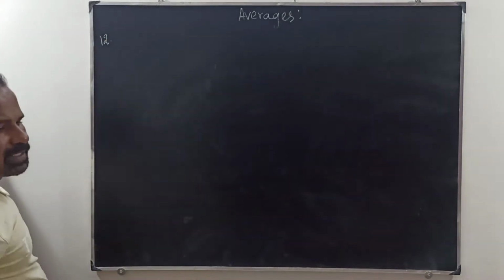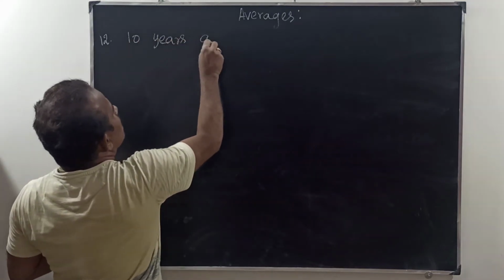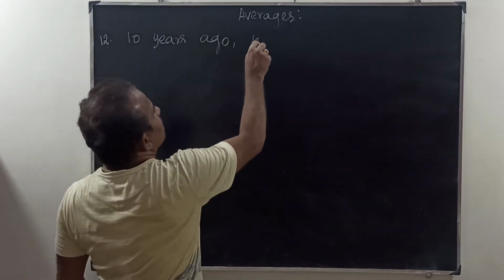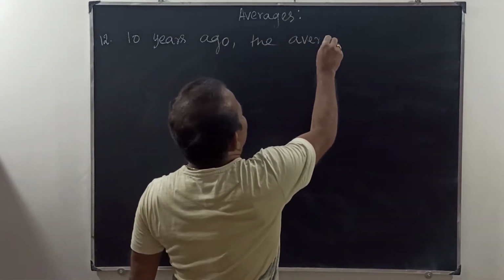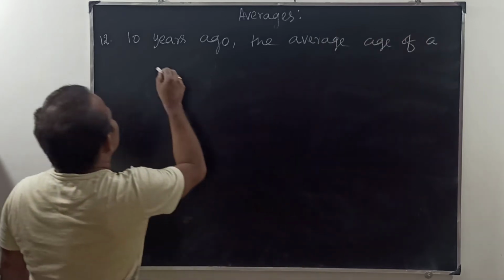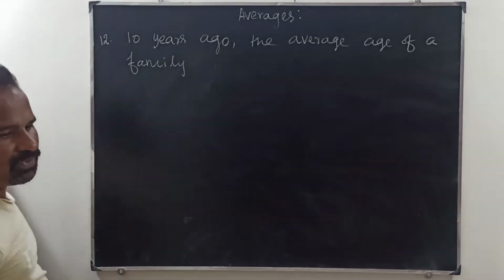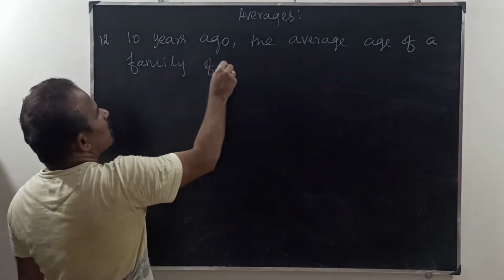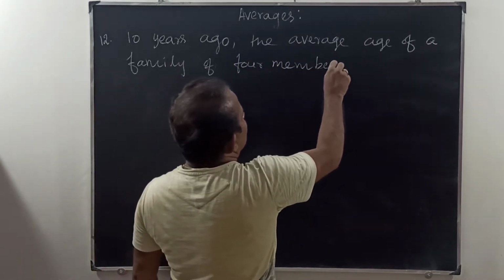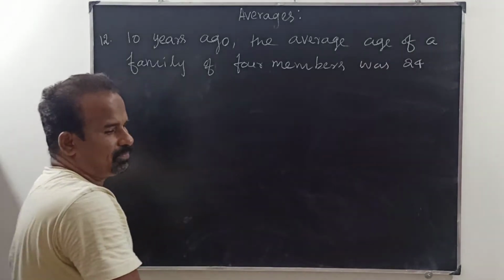The 12th question is, 10 years ago, the average age of a family of 4 members was 24 years.